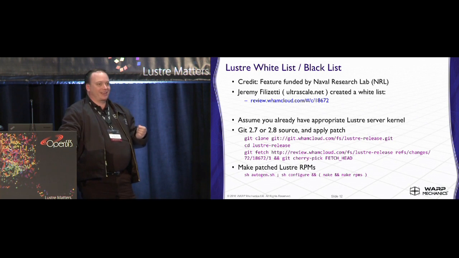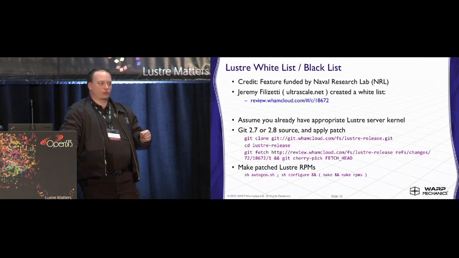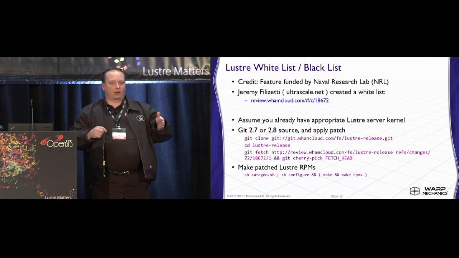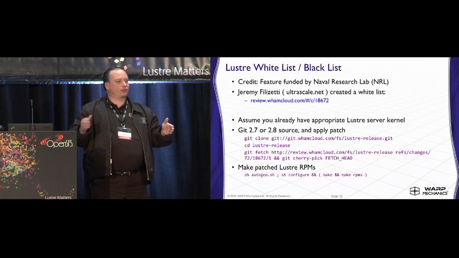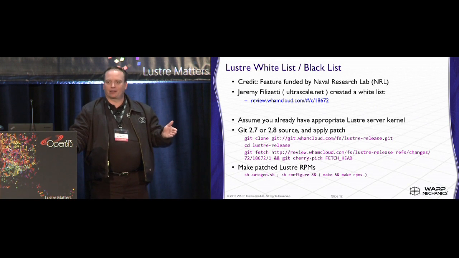What this does, in addition to being able to whitelist your cluster, is it implicitly allows you to blacklist anybody in your cluster who's misbehaving. So if you define the subnet of allowed IP ranges, and one of those clients is behaving badly, today, if you issue an evict for a client on the MDS, nothing stops them from just reconnecting.